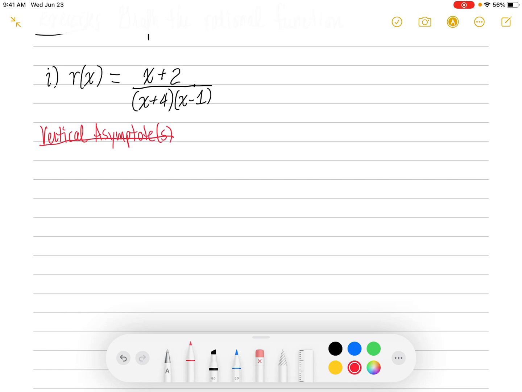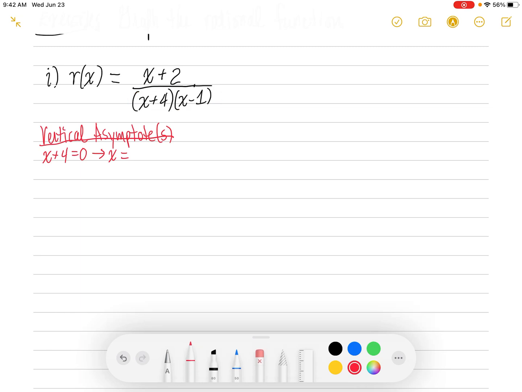So remember to find the vertical asymptotes, you're going to look at your denominators. And if it's factored, hey, things are already factored. Now, sometimes you have to factor, but this one's already factored. You take your denominators and you set them equal to 0. So we're going to have x plus 4 equals 0. When I solve for x, I'm going to subtract 4 from both sides.